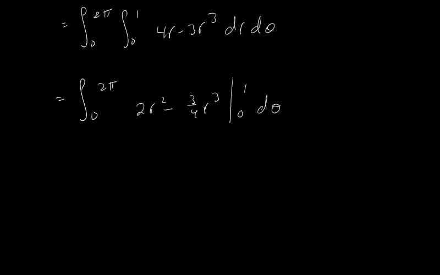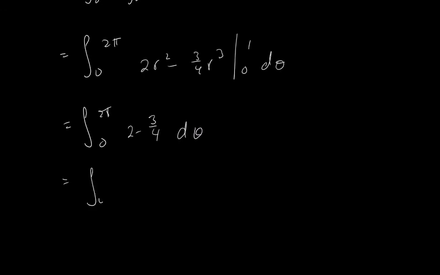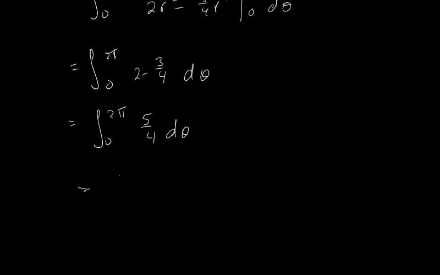Evaluating at 1, we get 2 minus 3/4, and 0 at 0. So this is the integral from 0 to 2 pi of 2 minus 3/4 d theta. 2 minus 3/4 is going to be 8 minus 3 is 5, so 5/4 d theta. So that's equal to 5/4, getting ahead of myself, theta evaluated from 0 to 2 pi. So that's just equal to 5 pi over 2.